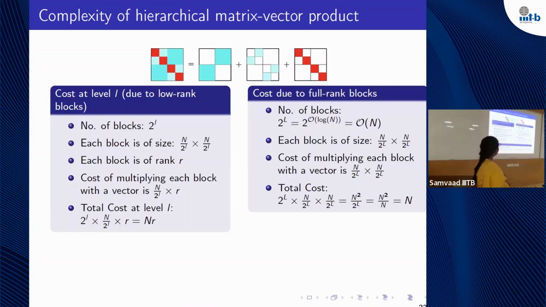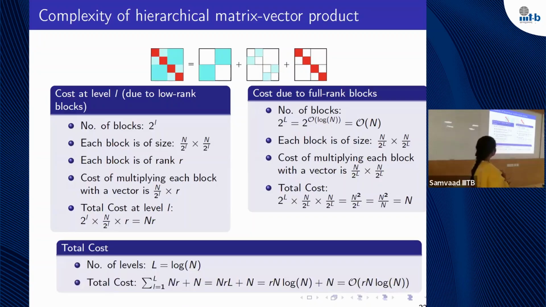So let's now look at the total cost. This is the cost we have at level L, and we have L such levels. So I take summation over L equal to 1 to capital L of nR, plus the last matrix. The cost of matrix vector product with this is n. Here L is assumed to go till log n levels.